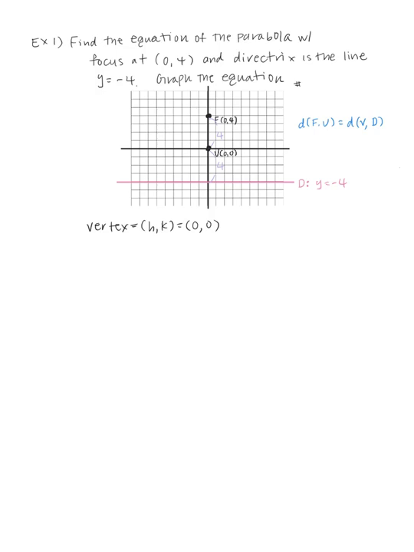Now can you tell which way the parabola is going to be opening? It's going to open upward because the focus must sit inside of the parabola. So let me just jot that out.